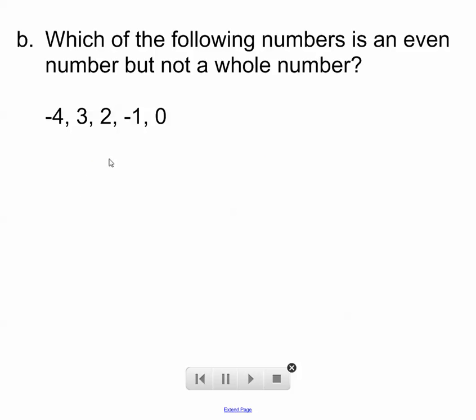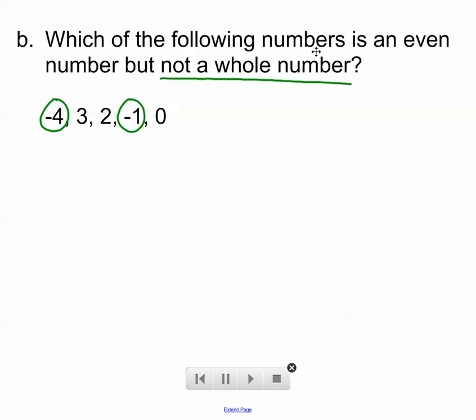Okay, same set of 5 numbers here. Which of these numbers is an even number but not a whole number? You've got to go back and look at your definition of the whole numbers here. 3, 2, and 0 are whole numbers. So which numbers are not whole numbers? -4 and -1. This is one way to start it. We could have started with the even, but I'm going to start off with which ones are not whole numbers: -4 and -1.